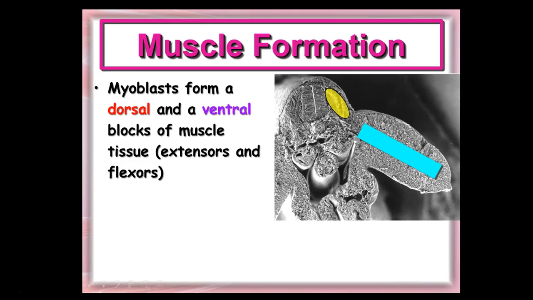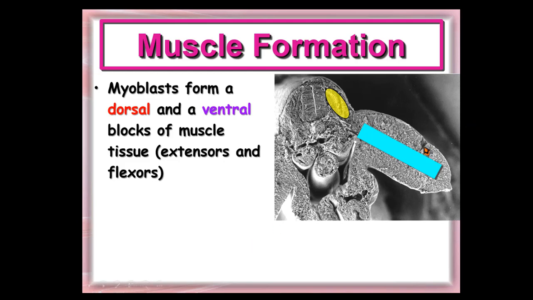So myoblasts form dorsal and ventral blocks of muscles, as we know as extensors and flexors. For example, in the upper limb, the muscles in front of the humerus are called the flexors, like the biceps and brachialis and so on, and the muscles behind the humerus are called the extensors, like the triceps.